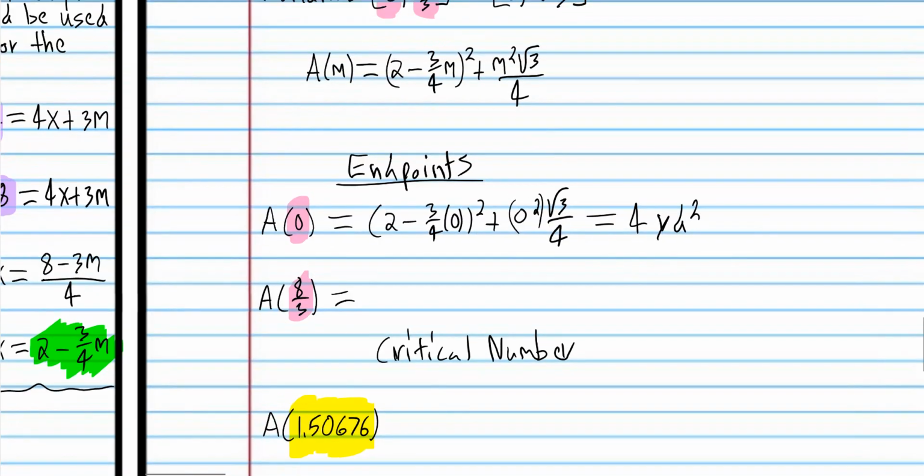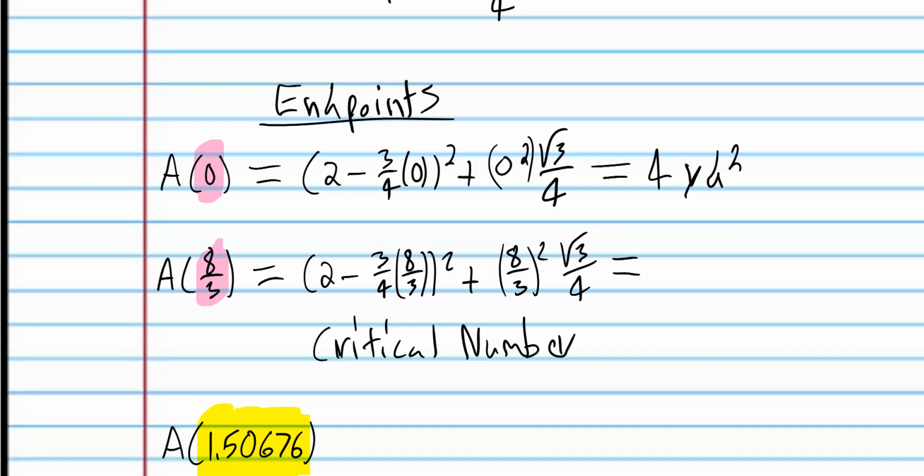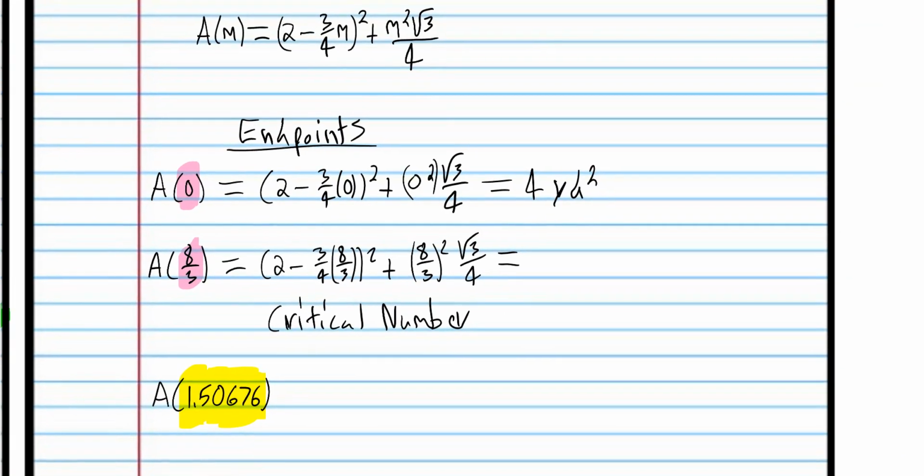So now we're going to plug in 8/3. So we have 2 minus 3/4 times 8/3, all that squared, plus 8/3 squared times root 3/4. And you don't have to show all this, by the way. It's not really necessary to show all of this.